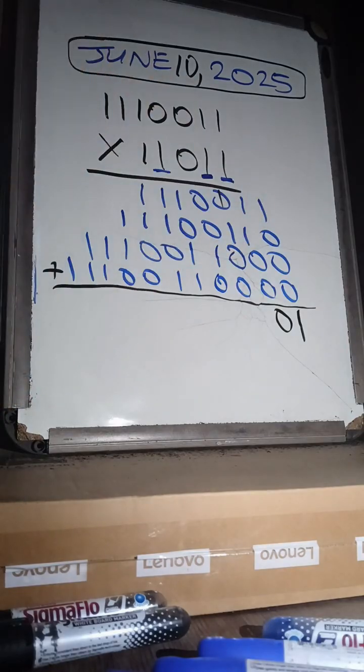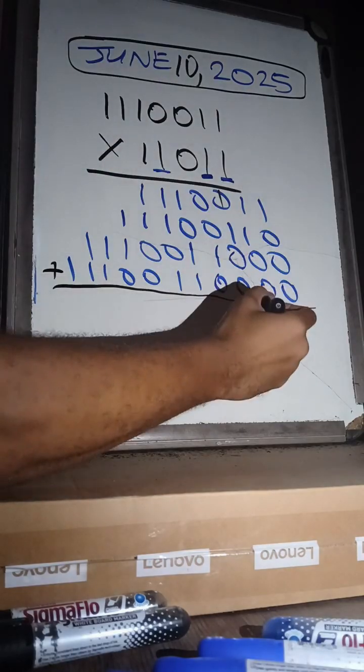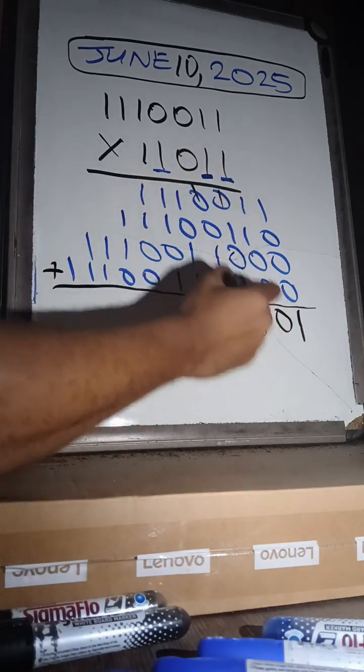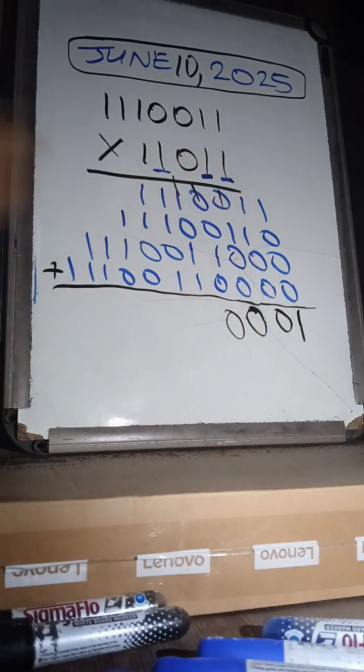So I carry a 1 there. So 1 plus 1 is 0, carry a 1 again. 0, carry a 1 again. Now this is 1 plus 3, which is 4.